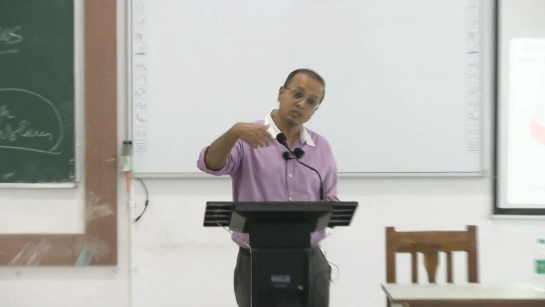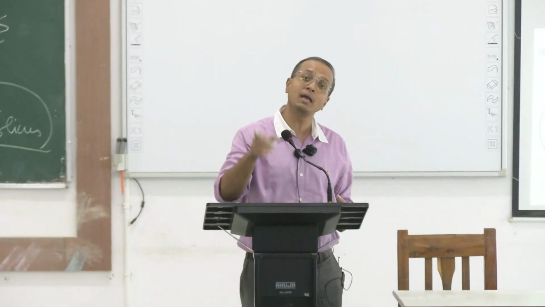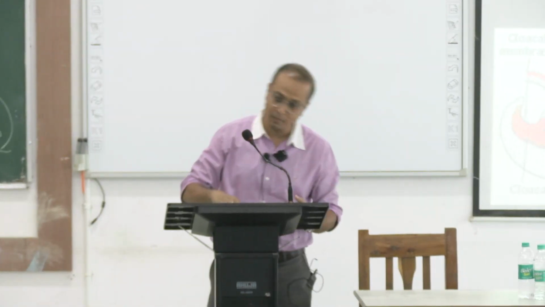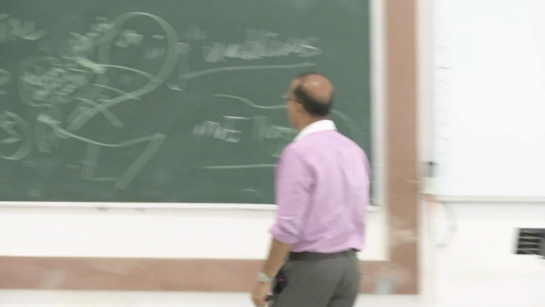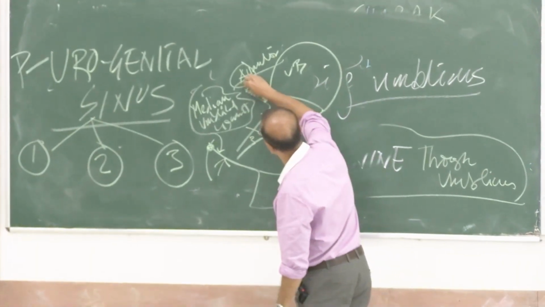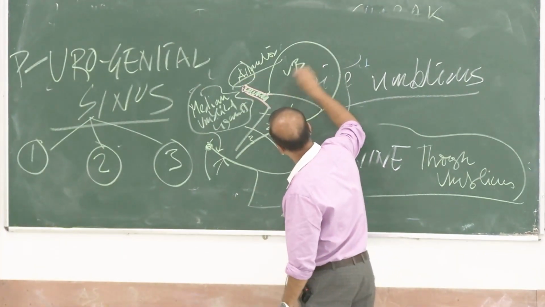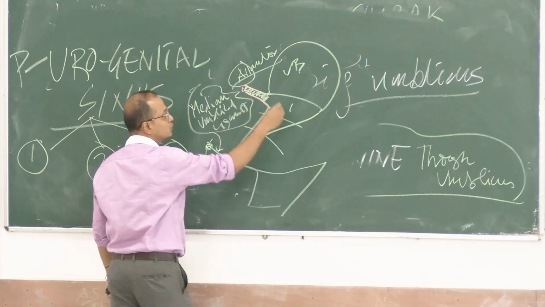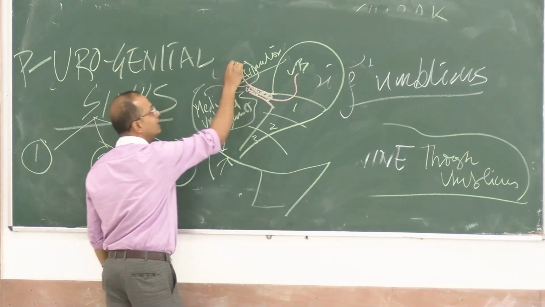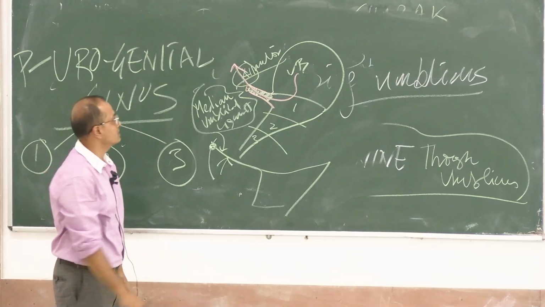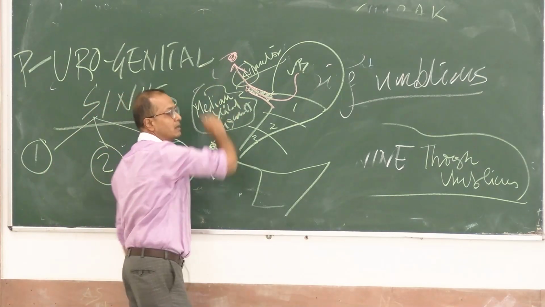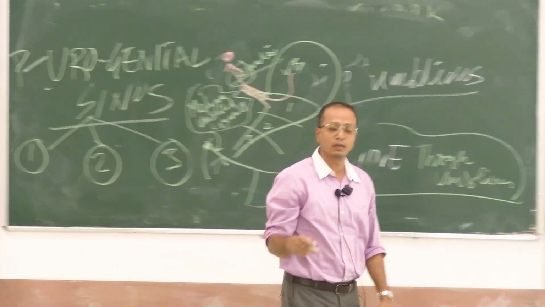Now, if it fails to become the ligament, it remains as allantois, which means it stays a tube. If the allantois remains patent, urine can leak out through this patent allantois and out through the umbilicus, creating this clinical problem.